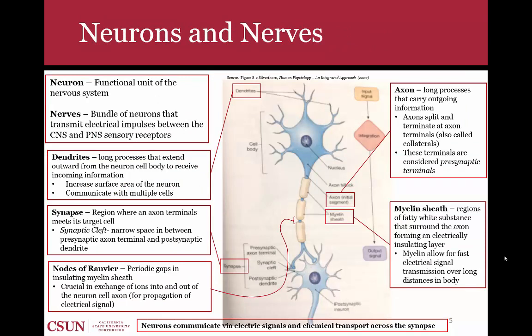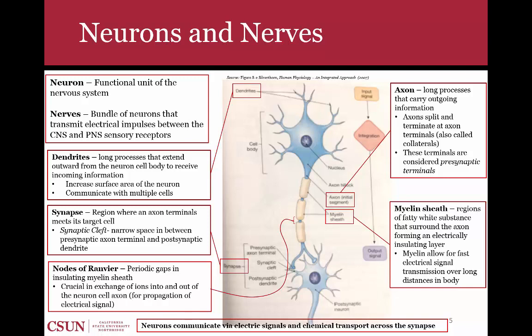So, what are neurons? I keep using neurons and nerves. Let's define them exactly. Neurons are the functional unit, the functional cell of a nervous system. You're going to see this picture a lot in the next couple of slides, but neurons can have all sorts of forms, all sorts of dendrites and nuclei, so we'll get to that later.